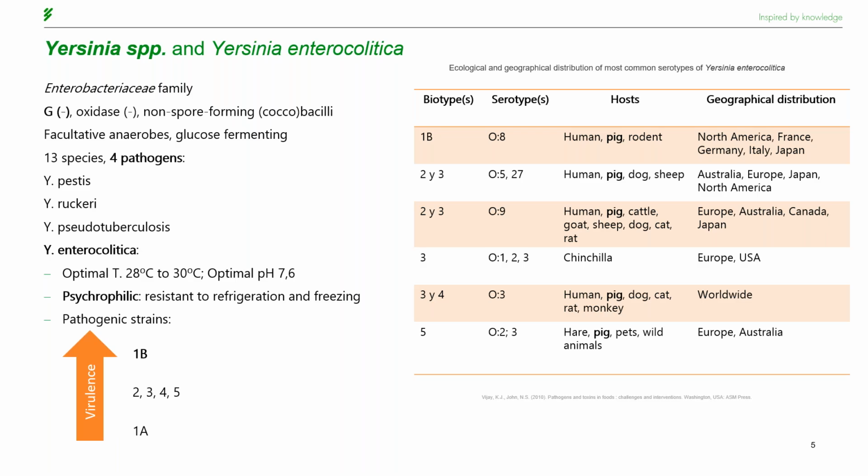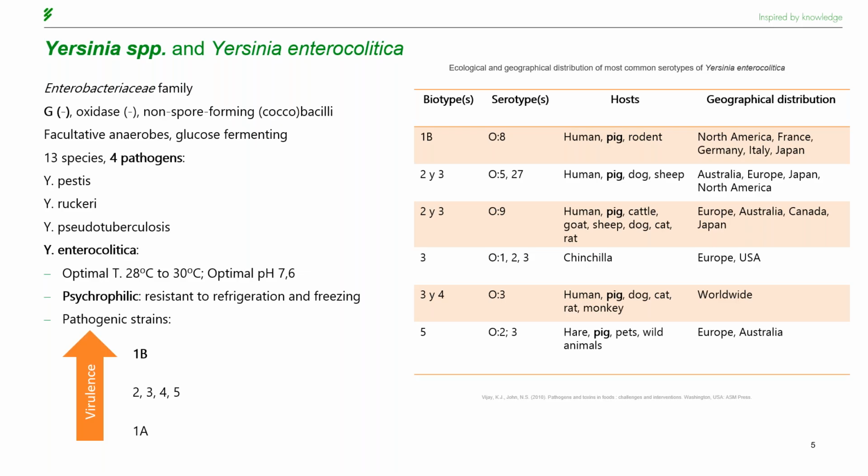And a curious fact is that because Yersinia is smaller than other Enterobacteriaceae, when these colonies grow at around 37 degrees Celsius, they often appear in smears like cocoa bacilli. So today, we know that the genus Yersinia comprises 13 species, of which 4 are pathogens.